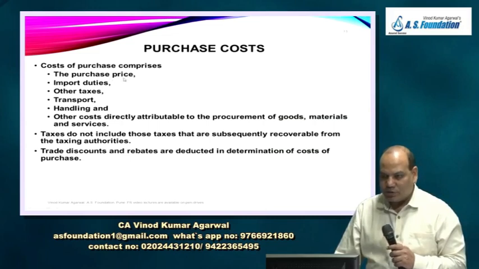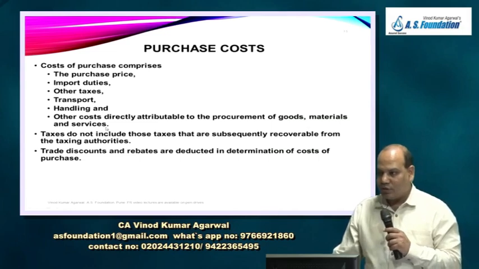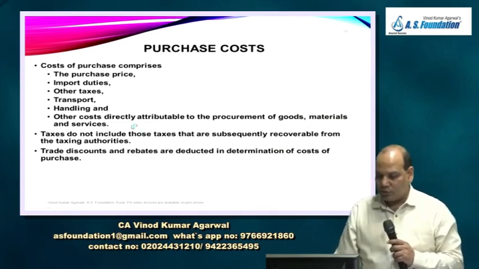When we buy inventory, what are the costs associated at the time of purchase? Basic purchase price, any duty or taxes like import duty, then in goods and service tax, transportation cost, handling cost, any other cost directly attributable to procurement of goods, material and service. Okay.